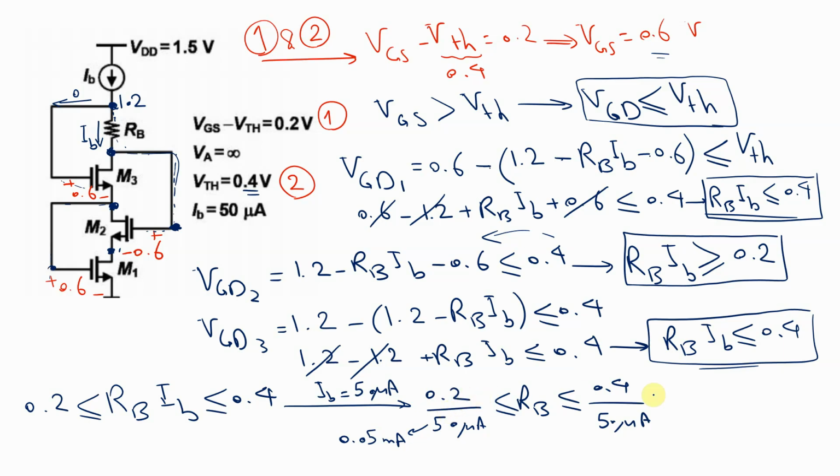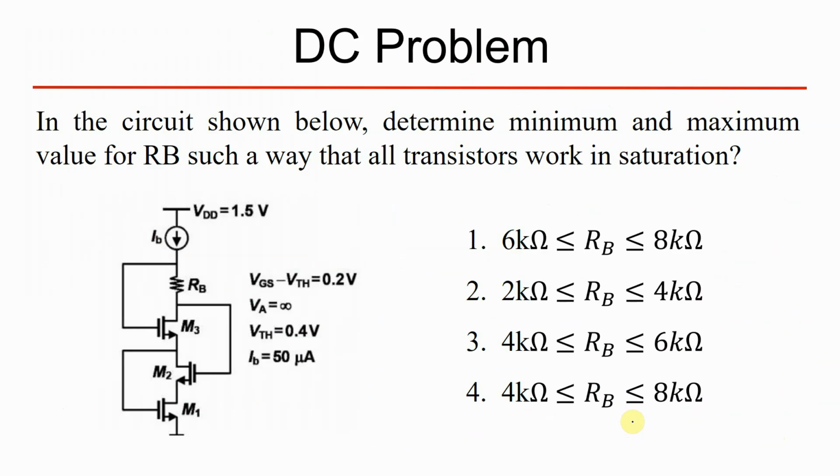So this is 4 kilo ohm for the left-hand side, and for the right-hand side, with some simplification, 40 divided by 5, so this one is 8 kilo ohm. This is the final result for this problem, and from these options you can see that option 4 is the right answer.